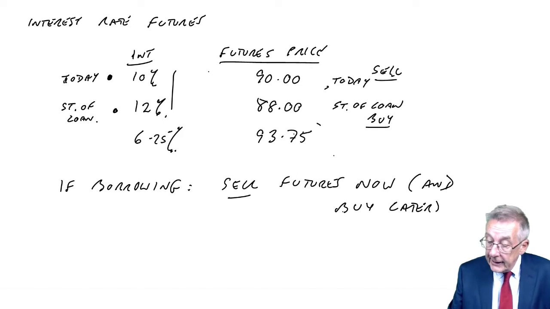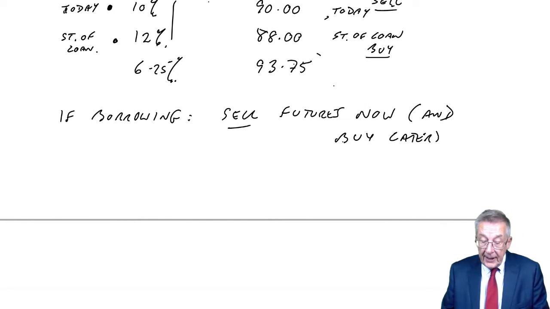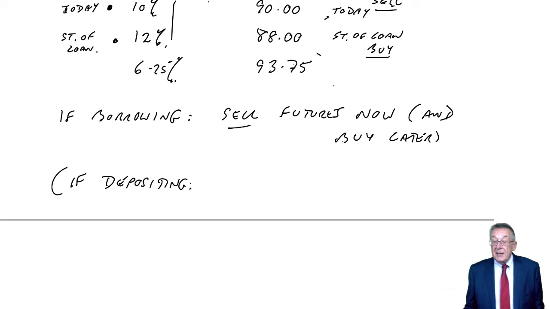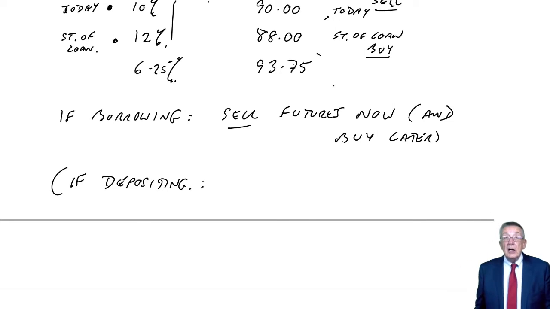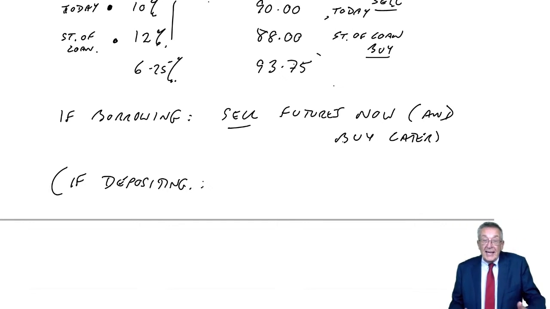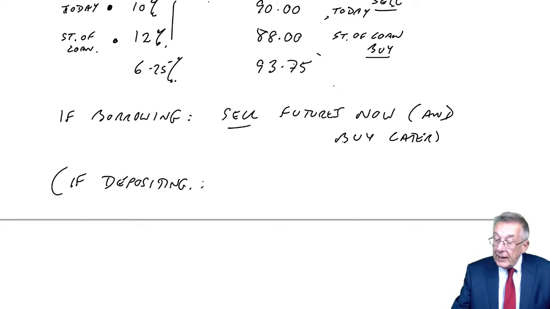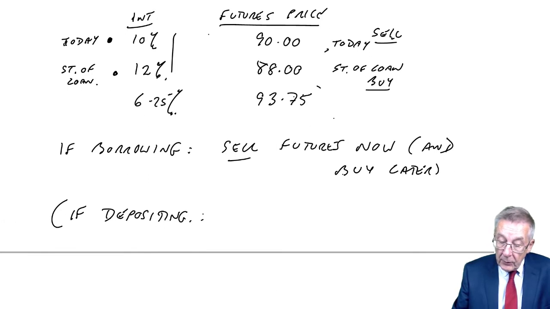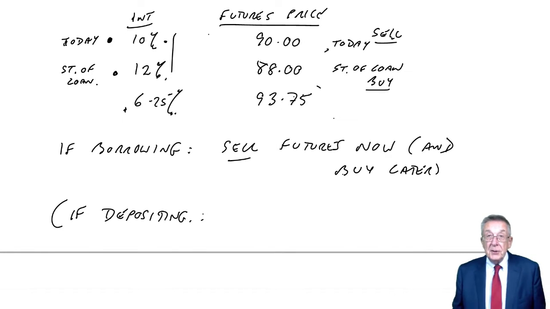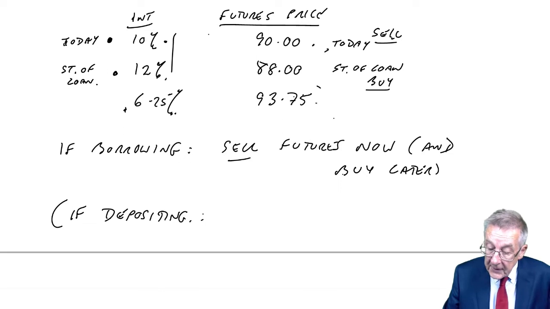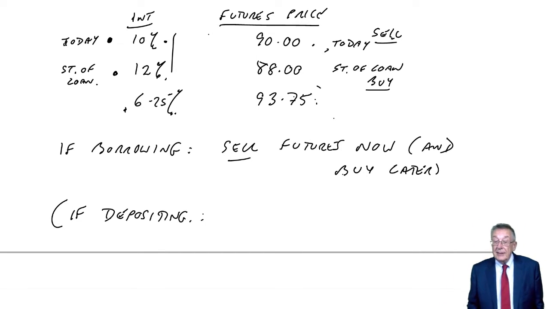I should hardly need to write this, but although less common in the exam, if you're depositing money, then clearly you're earning interest, so you're worried if the interest rate goes down. Well, if the interest rate went down from 10 to 6.25, the futures price would go up from 90 to 93.75.